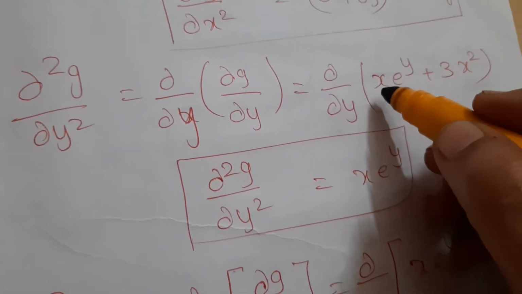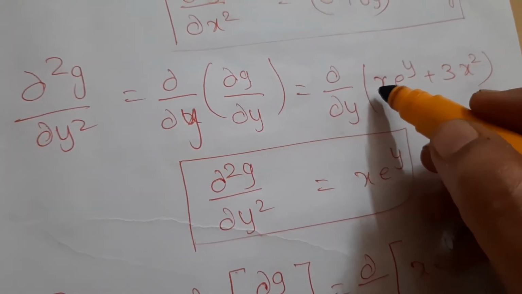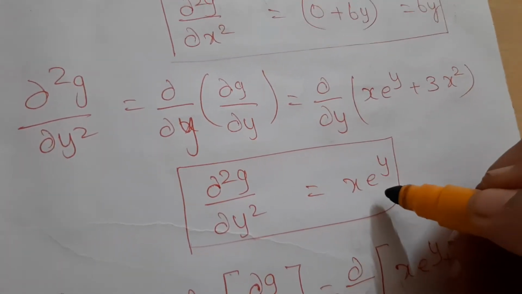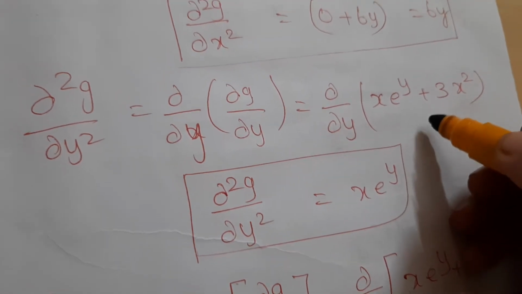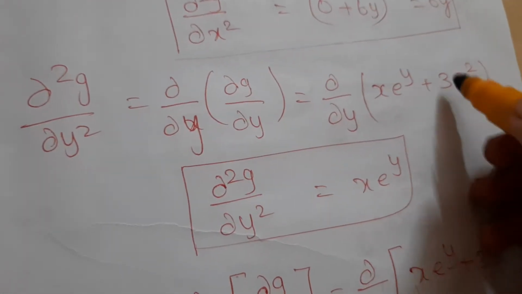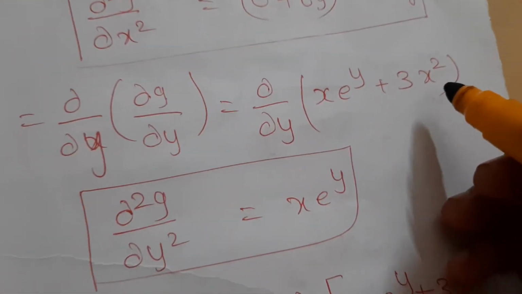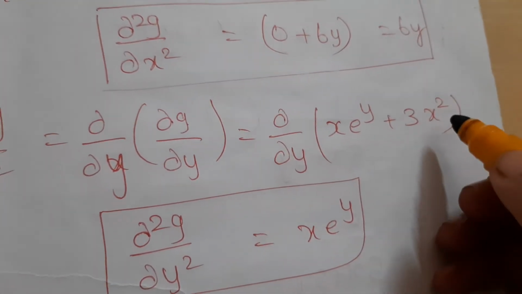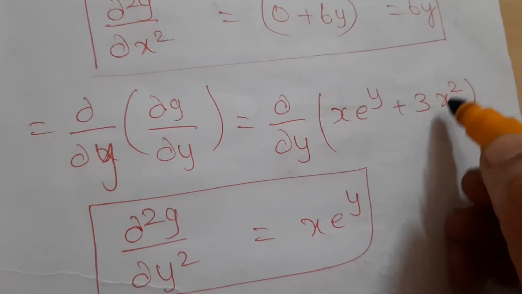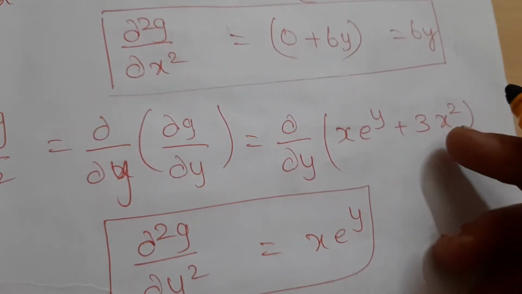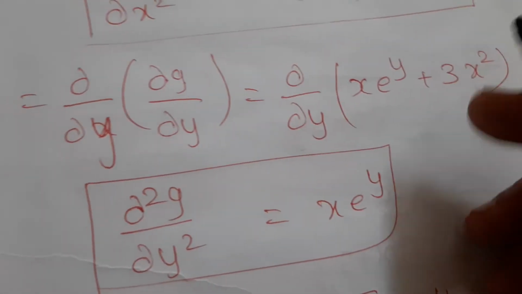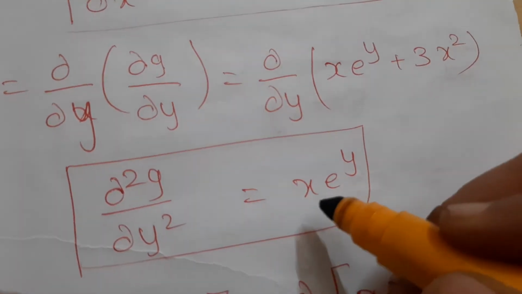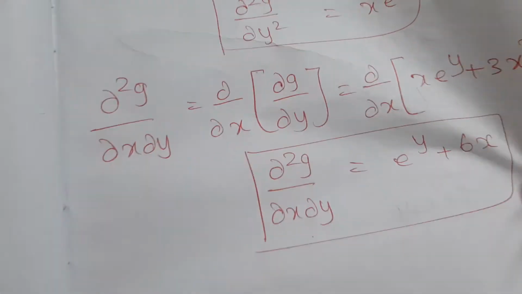You have to consider x as a constant. The differentiation of e power y will be e power y only, plus 3x square as a second term. The second term does not have y, therefore it must be treated as constant and we make it 0, because we are doing with respect to y. So the answer is x e power y.